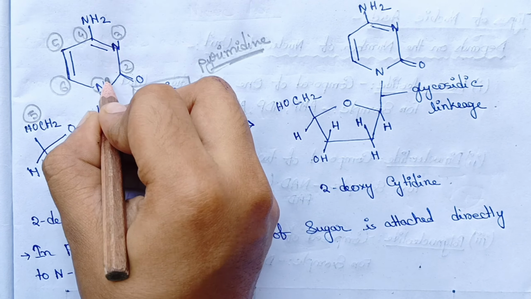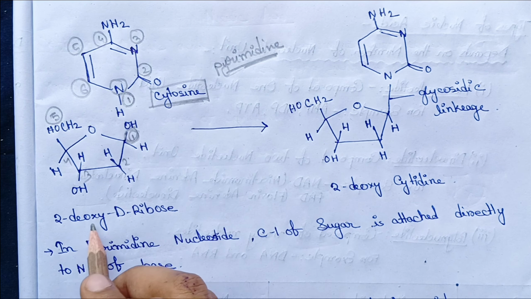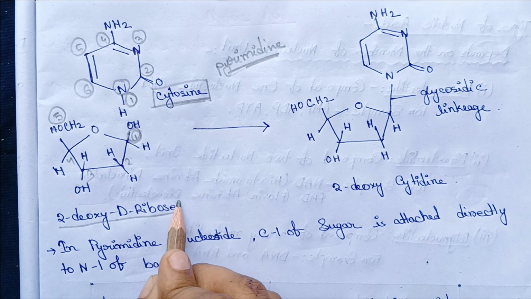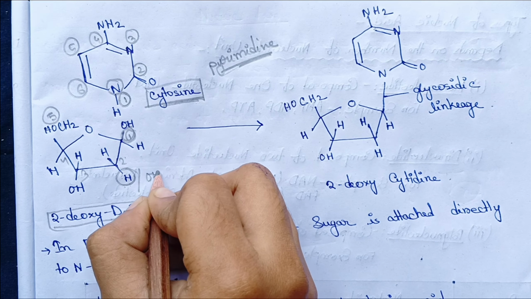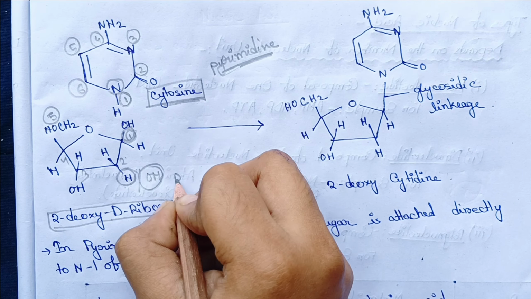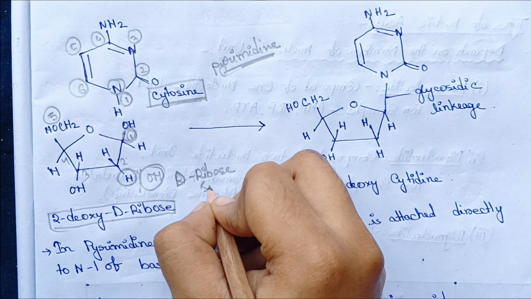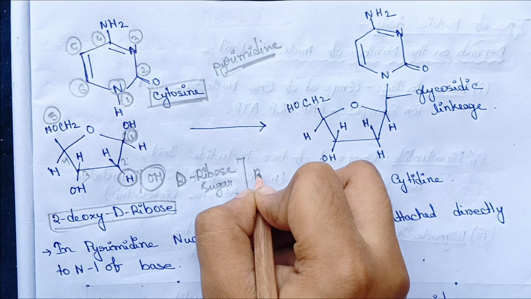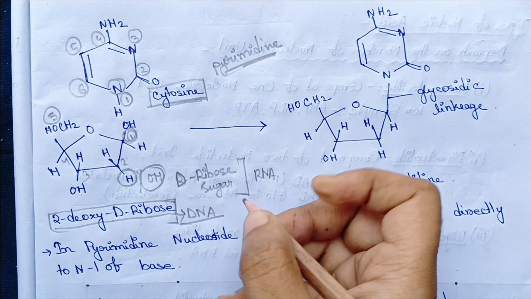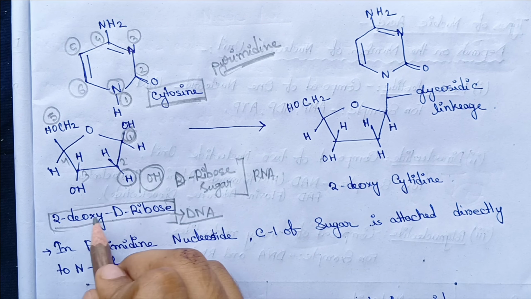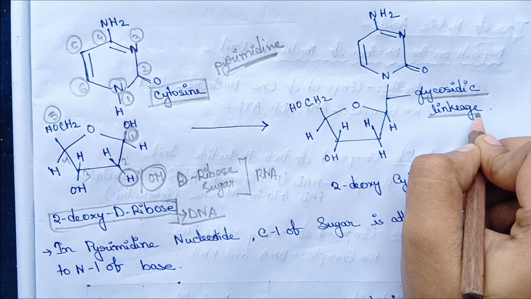In cytosine, nitrogen number one can attach with carbon number one. It is a 2-deoxyribose sugar. You can see there is only an H group. If there is an OH group, it is called D-ribose sugar, ribose sugar. So it forms an RNA structure. In this case, it is a DNA structure. So 2-deoxyribose sugar can bond with the cytosine through the glycosidic linkage.